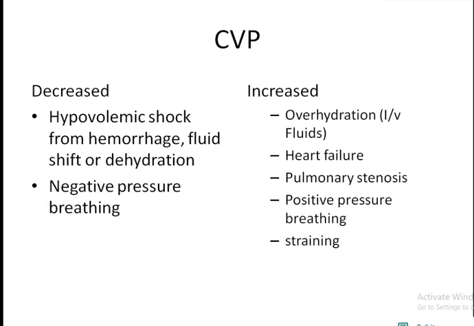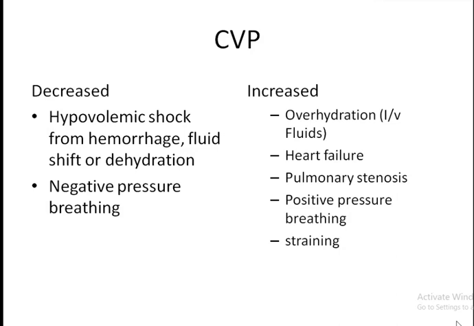And central venous pressure is increased if we have given a lot of IV fluids. So the central venous pressure will be high, more than 12, more than 14, if the patient is in heart failure or pulmonary stenosis because of the increased vascular resistance, and in patients on positive pressure breathing.